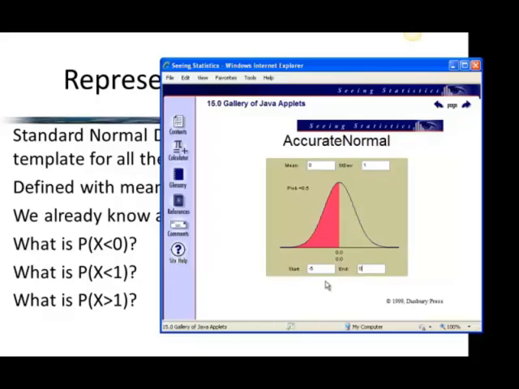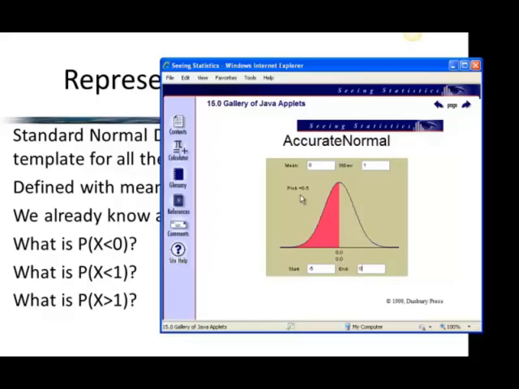What I'm showing here in red is the proportion of this distribution that has values less than 0. As you can see, we get a probability of 50%. That should make sense because we know that the normal distribution is symmetric, and if the mean is at 0, then the probability of being less than 0 should be half of the distribution.